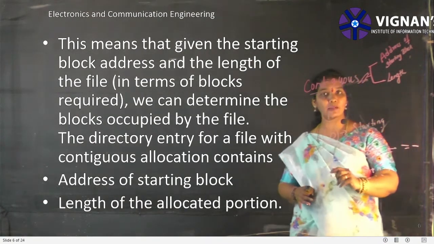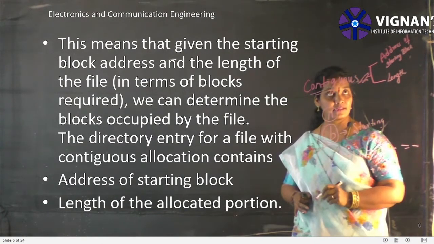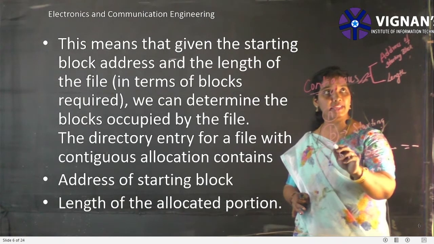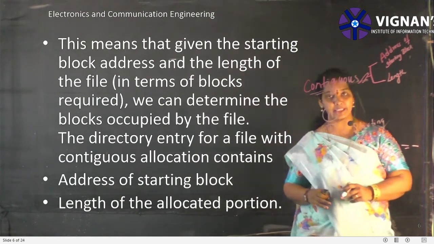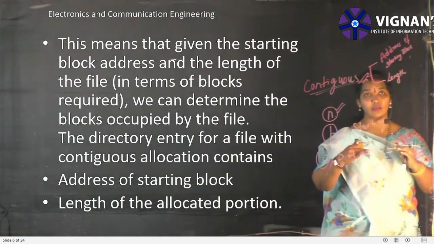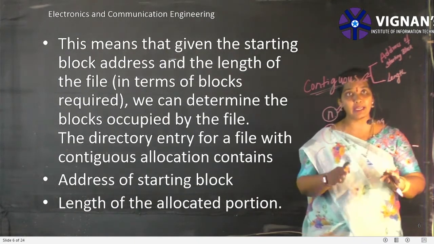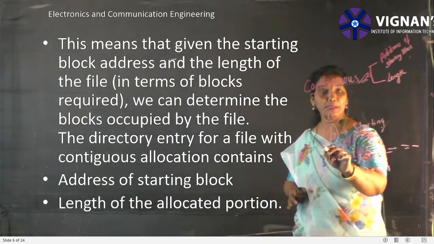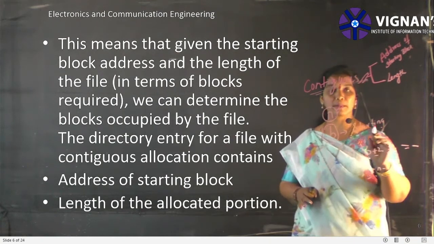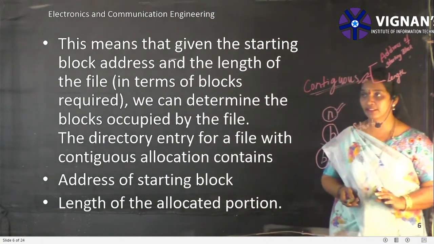Here the length of the blocks is n and the address of the starting block is B. So the total blocks occupied by a specific file are from B to B plus n minus 1th locations.